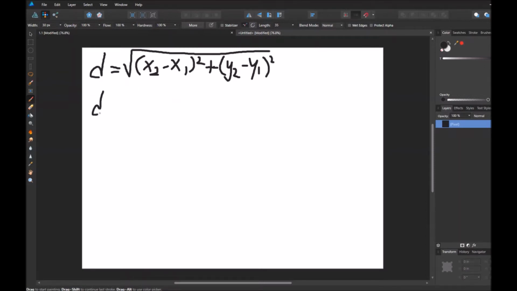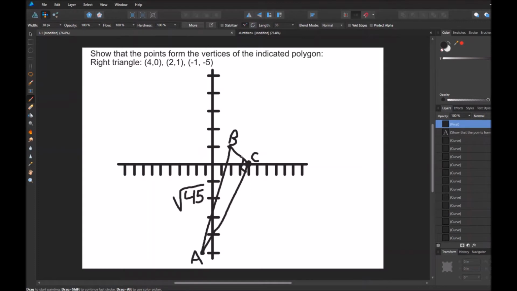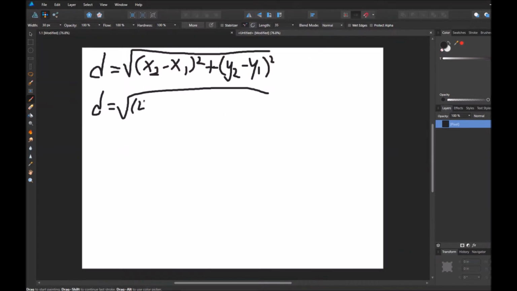And in this case, our x2 is going to be 4, and our x1 is going to be 2, and that's going to be squared. And then our y2 is going to be 0, and our y1 is going to be 1 for 2 comma 1.